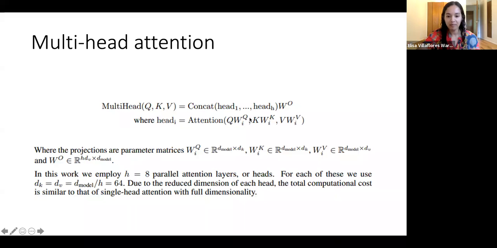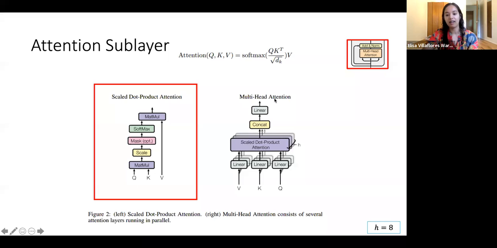Then we calculate this attention for each of the heads, and then we concatenate them, putting them back to back, and multiply by this other projection matrix, which tries to return everything back to the size that it was in the input. The goal is that the output of this multi-head attention network should have the same dimensions as the input that came into it.